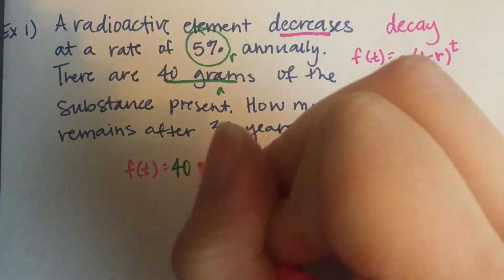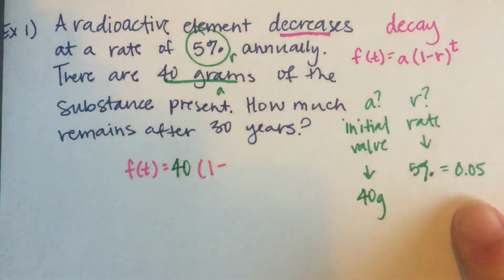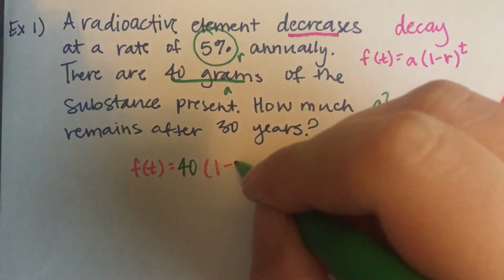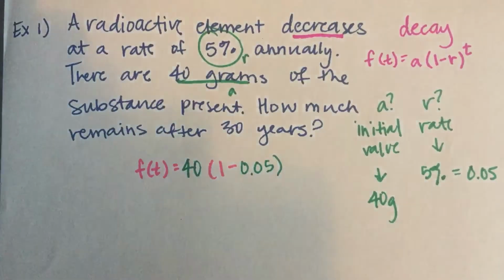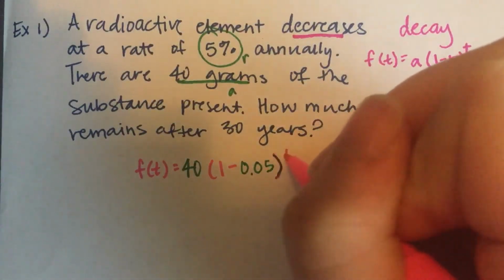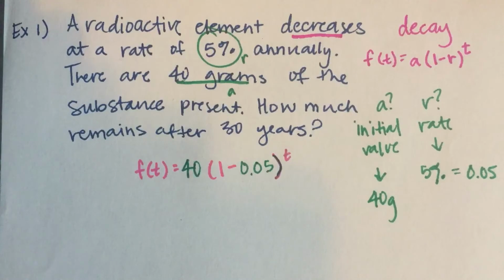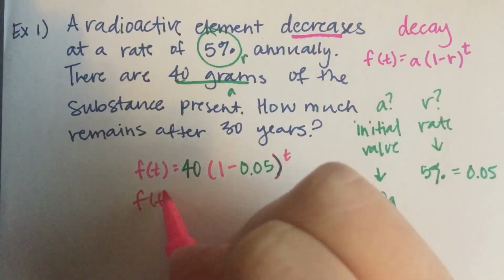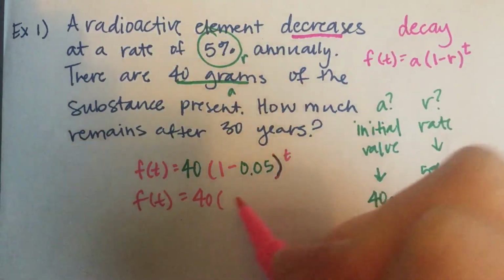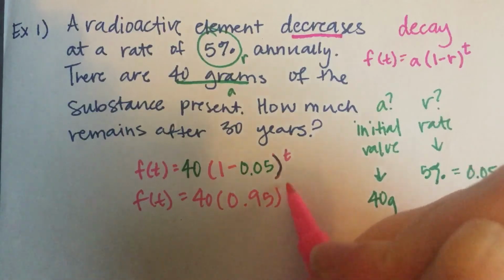And our rate was this 0.05, to the t power. And remember, t stands for time. So we're looking at, as time is passing, what's our value going to end up being? And we can simplify this just a little bit further by subtracting. And when we subtract, we find that f of t is equal to 40 times 0.95 to the t power.